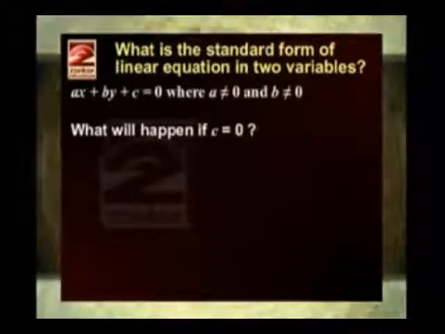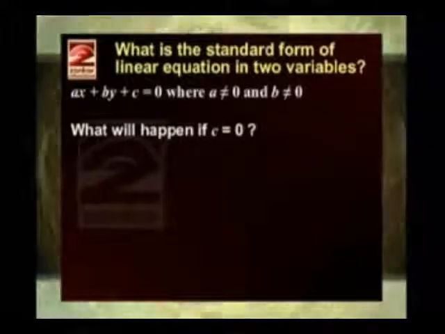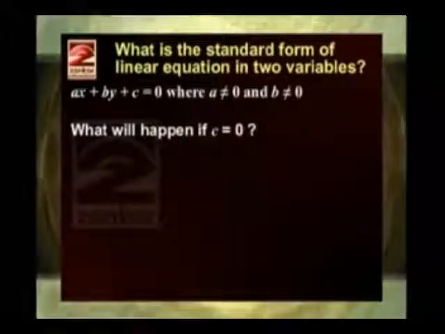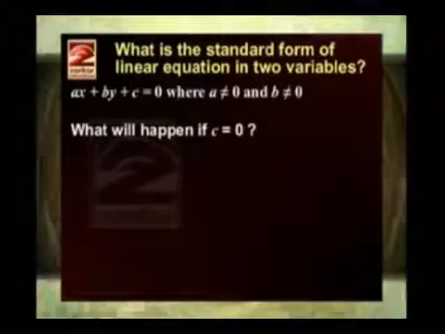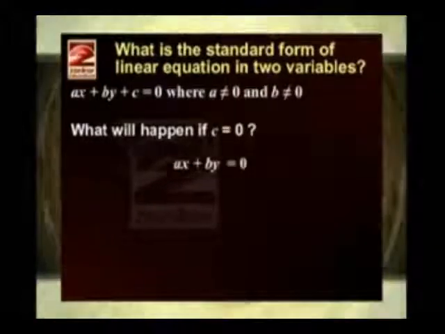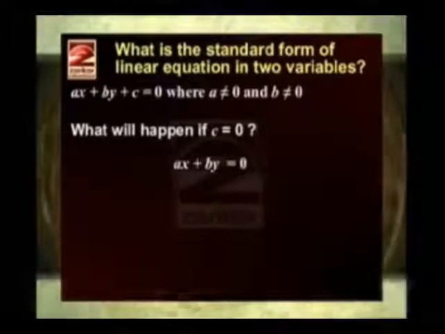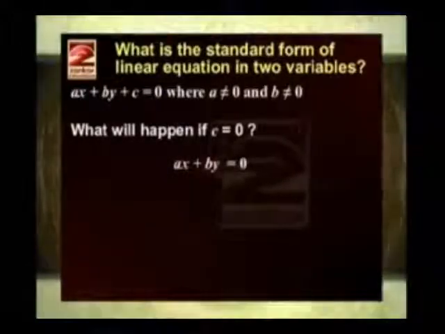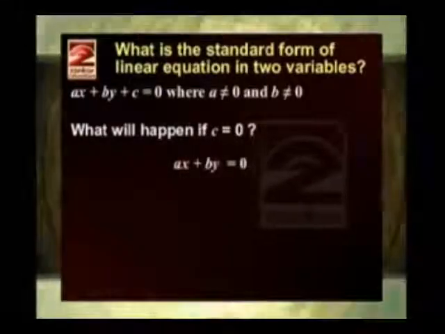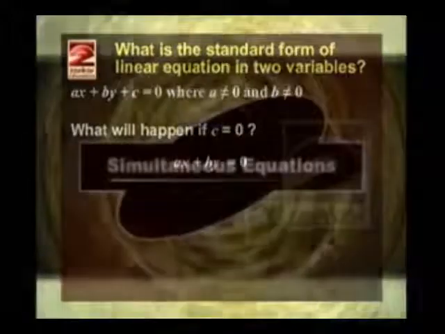Now, what will happen if c is equal to 0? If c is equal to 0, the equation will reduce to ax plus by is equal to 0, which will remain linear equation in two variables.